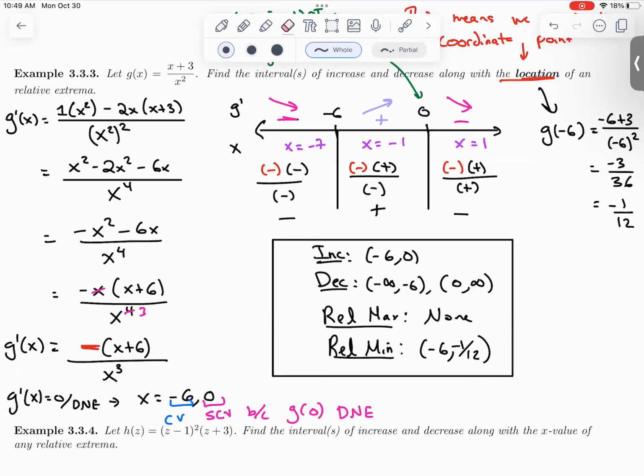So, yes, you're right. This will be -1. This will be -7 cubed, which will also be negative, but then there's this extra negative tacked on the front. So the numerator will be positive, but the denominator will be negative. There's 3 negatives total, which means the answer is going to be negative. Is that answering your question, or do we need to clarify more? That's the trickiness.